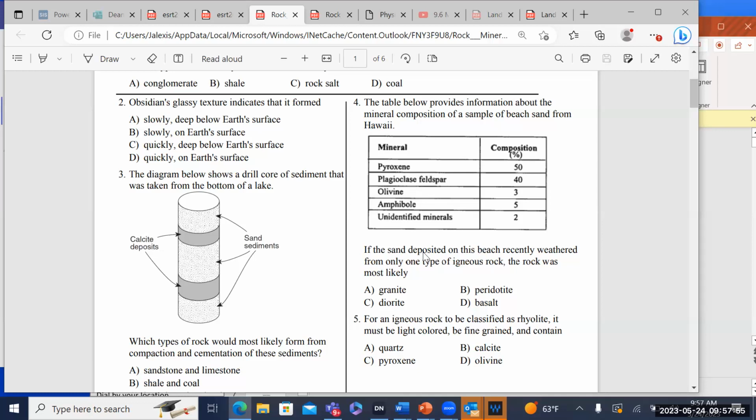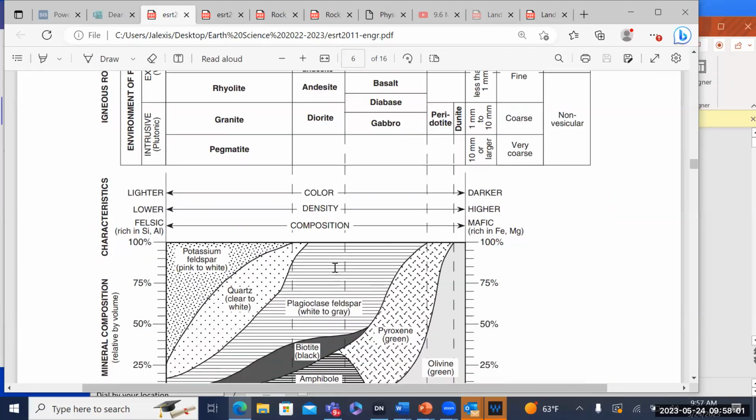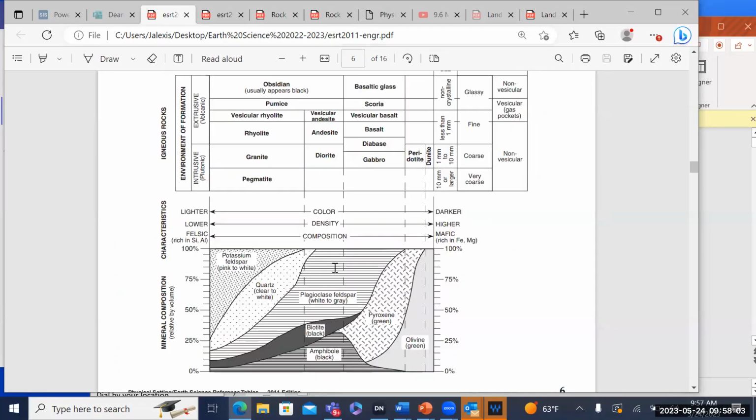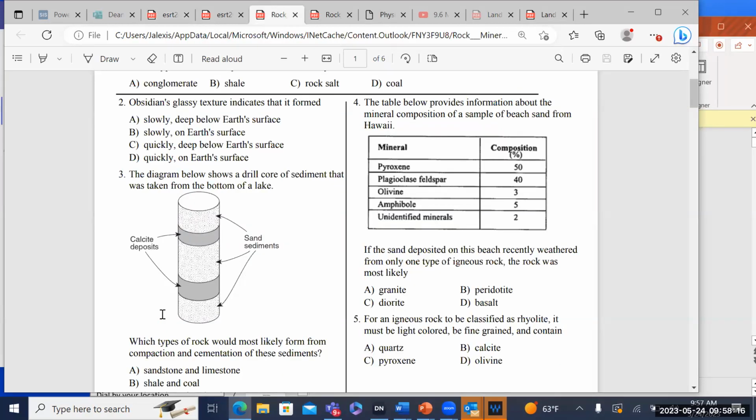So what page am I going to look at for the mineral composition? Page 6. When we take a look at page 6 of the reference tables, we see the mineral composition located right here. Now we have to find pyroxene, plagioclase feldspar, olivine, amphibole, and unidentified materials.